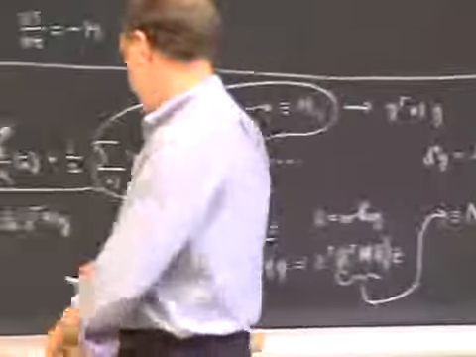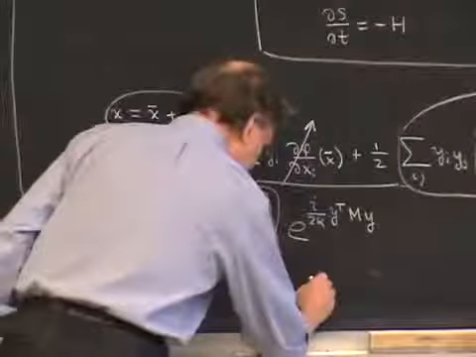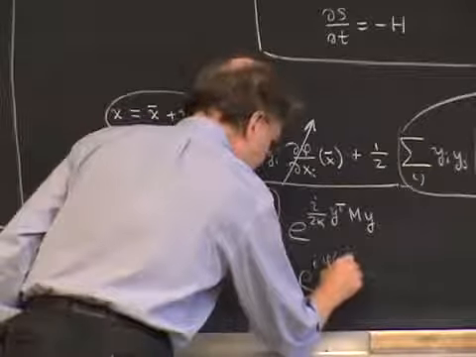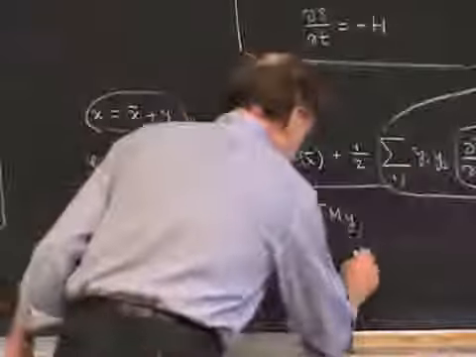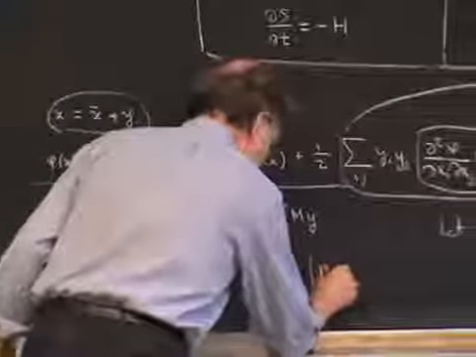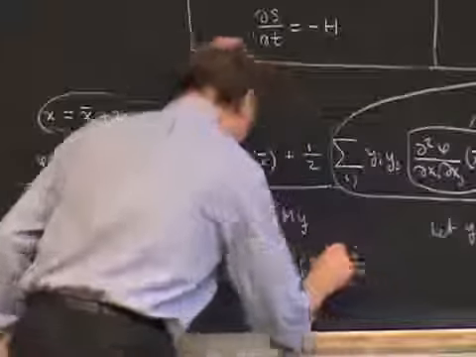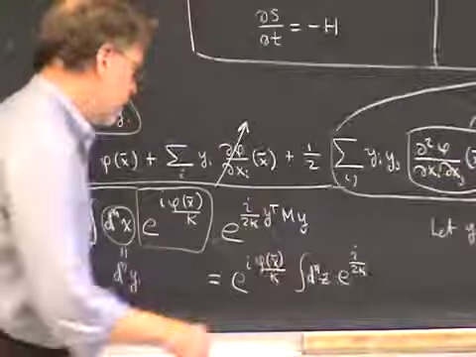And so the remaining integral here, if I have space to write it down, is first of all this constant factor. It's e to the i phi of x bar over kappa. And then the remaining integral is the integral d^n z. And then we get e to the i over 2 kappa in the exponent here. And then this quadratic form now turns into this.